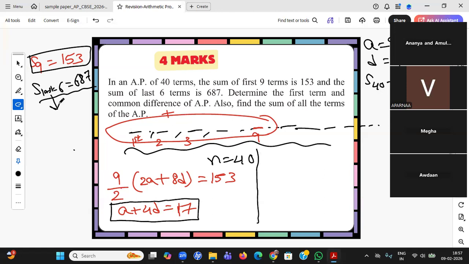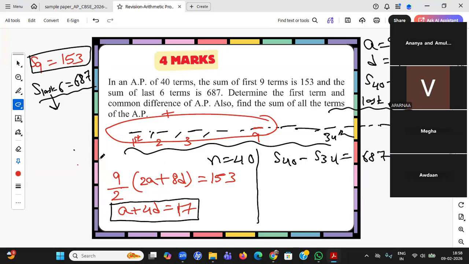But you can take the sum of the last 6 as being from the 34th to 40. 34 to 40 is nothing but the last 6. So he said the last 6 is 687: S40 minus S34 equals 687.